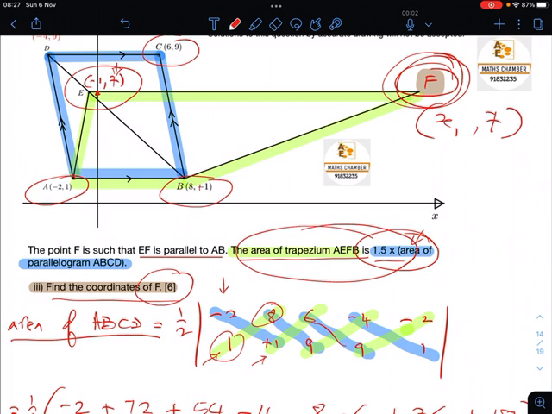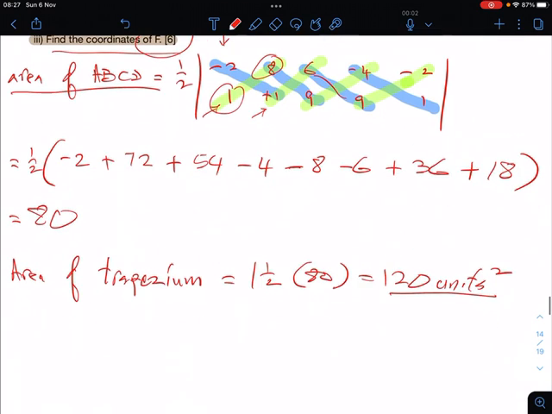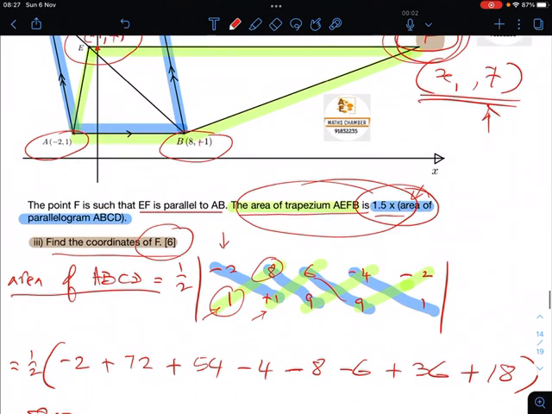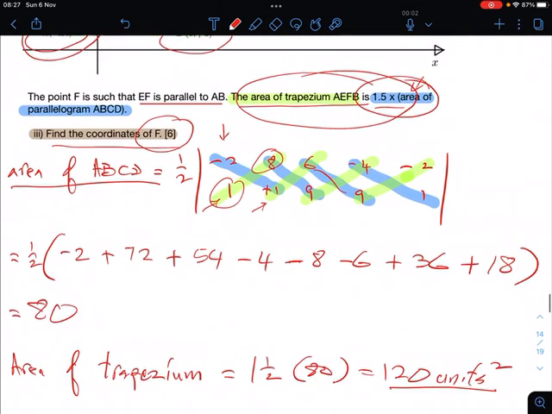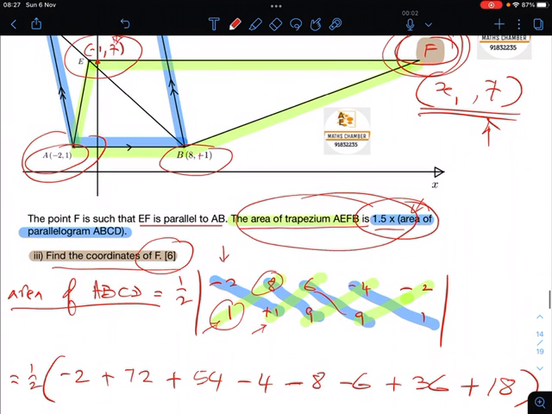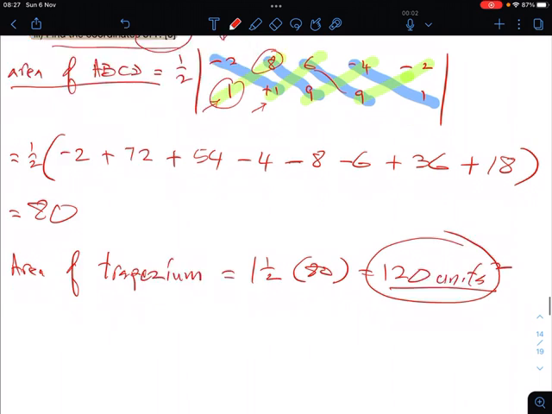This is a straight line, so yeah. So at least we have the y coordinate already for F. And can we find the area of the trapezium using all the coordinates here? Since we already have the area of the trapezium, 120, we can use that and find the area using the coordinates.